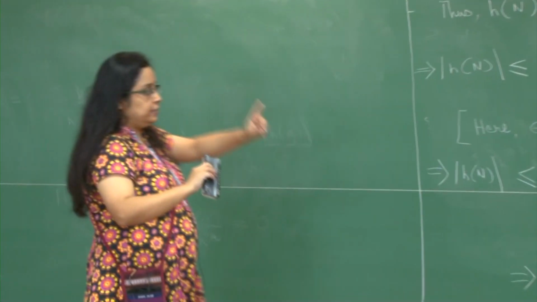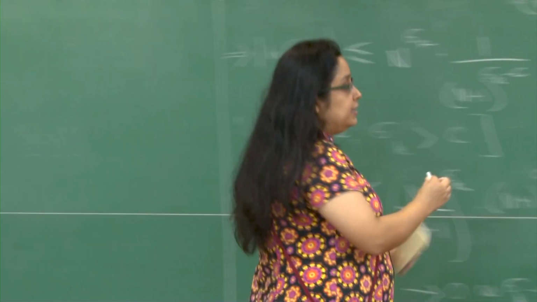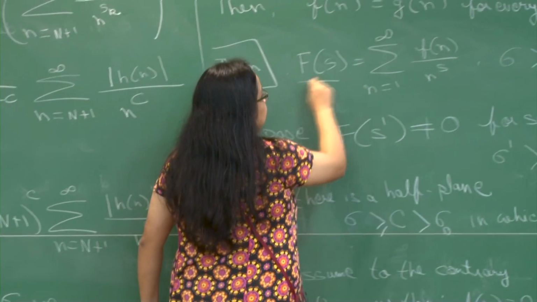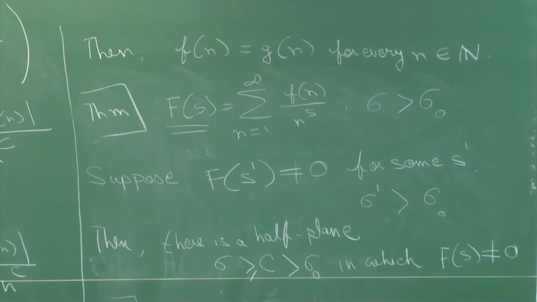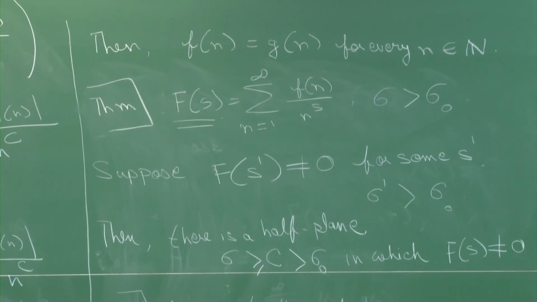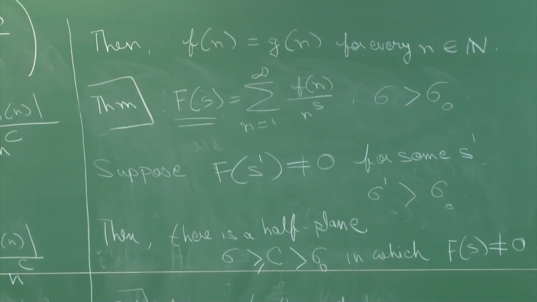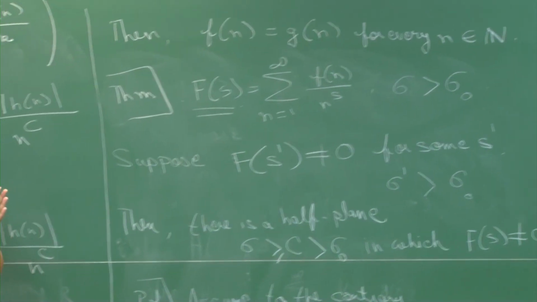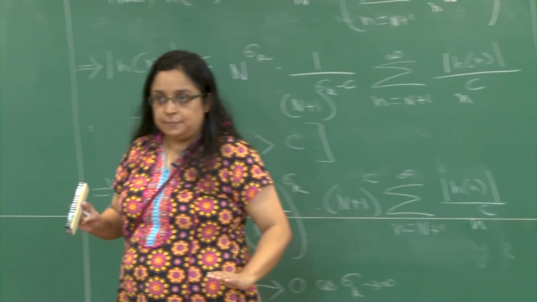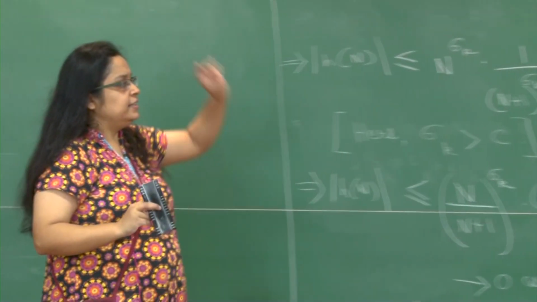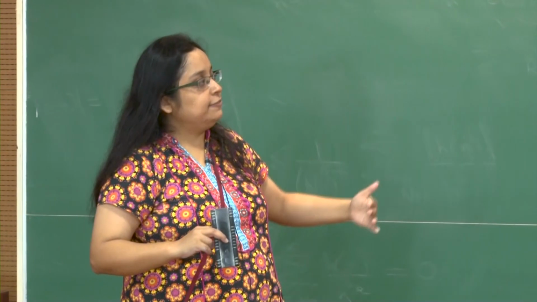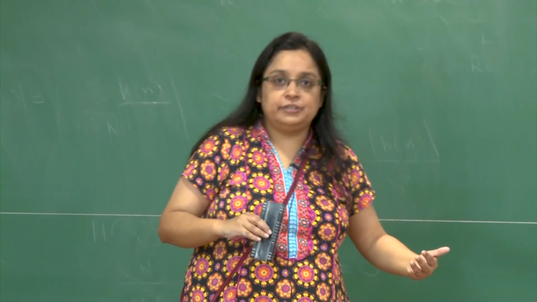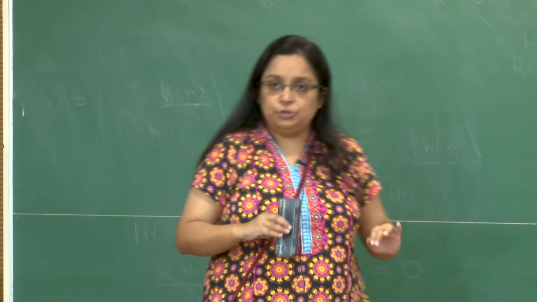We will later also talk about treating capital F of s as an analytic function. From absolute convergence, we will go towards uniform convergence in closed regions lying inside these half planes. But before that, just by virtue of absolute convergence, you can derive very beautiful properties of Dirichlet series, and that is what we are going to do.